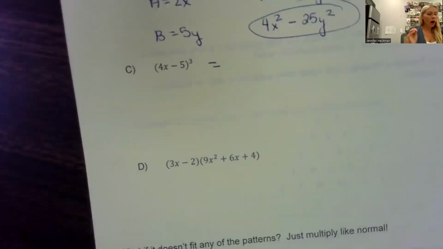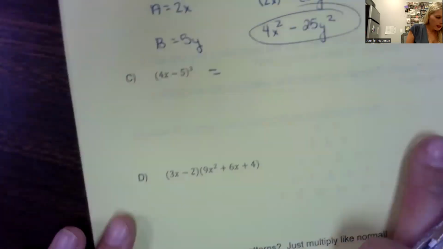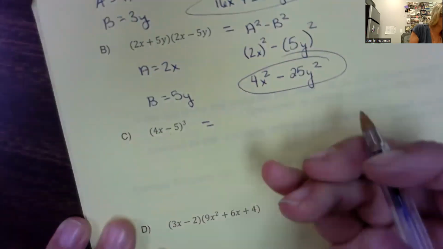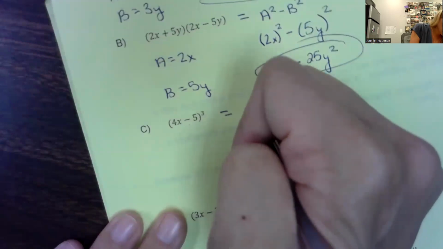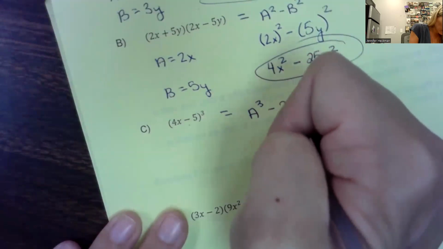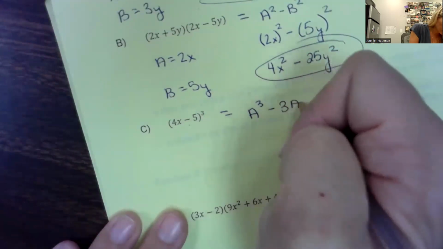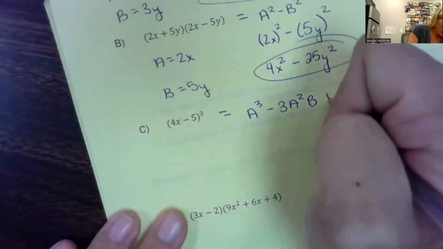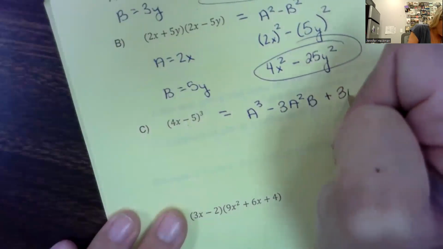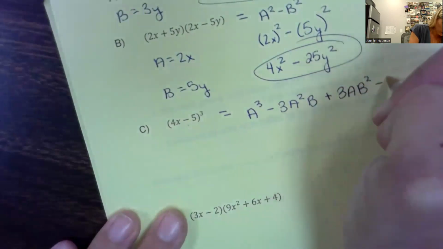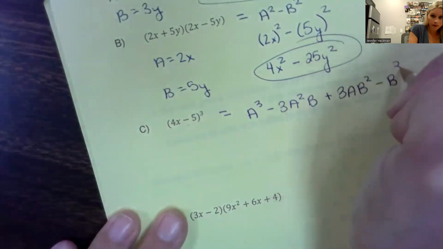Okay, so our cubic polynomials, right? It comes out to, don't forget, this is subtraction, so make sure you get the right one. Okay, so this ends up coming out to be a cubed minus 3a squared b plus 3ab squared minus b cubed.